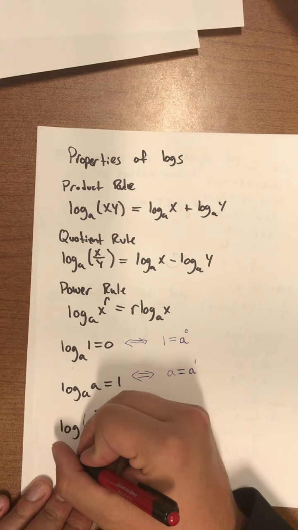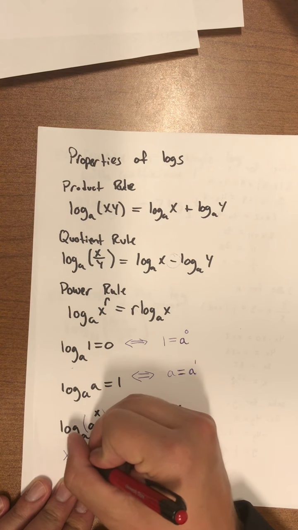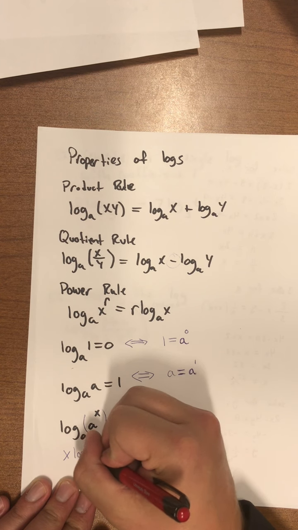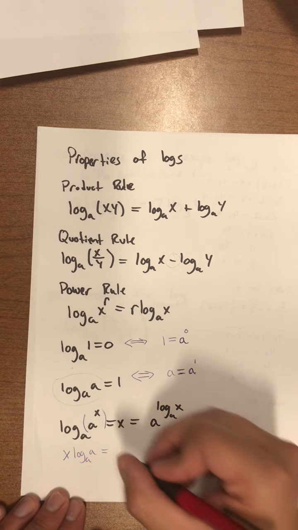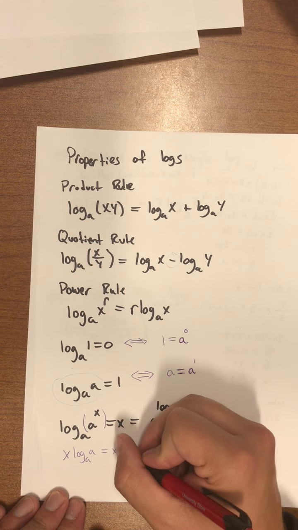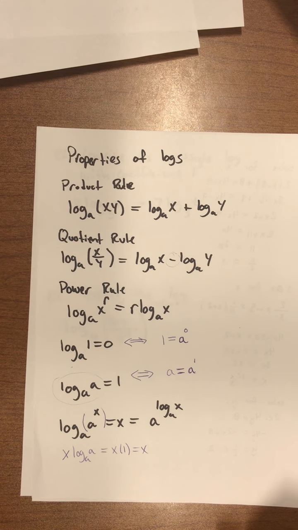Now, we can show this using the power rule combined with this property, that log base a of a is equal to 1, and we get just x. Okay, so that's using some new properties that we just talked about.